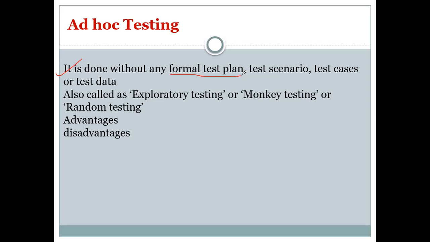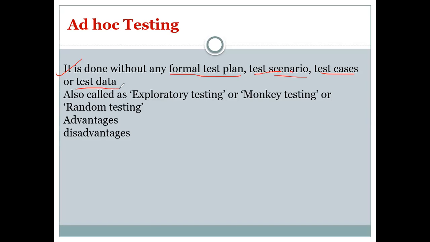What is a test plan? Here some scenarios will be given to you. You have to follow those steps, and if in those steps you find any error or defect, then you are going to file that defect. But in case of ad hoc testing, you are not having any formal test plan, test scenarios, test cases, or test data.